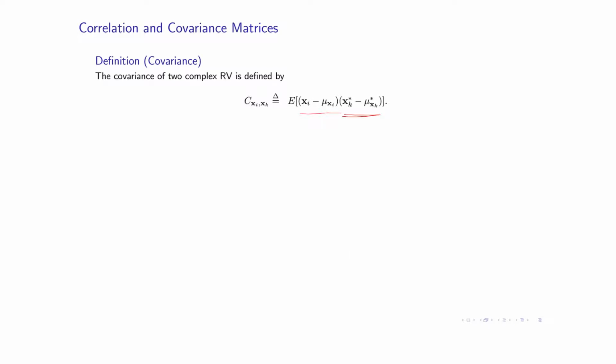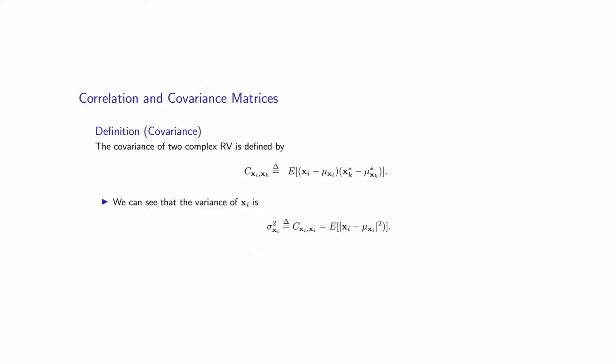Specifically, consider the variance, which is the covariance of a random variable with itself. If you put k equal to i, this part will be the complex conjugate of this one. If you multiply the complex conjugate of something by itself, it becomes real, so this becomes a real random variable, and then you calculate its expected value.